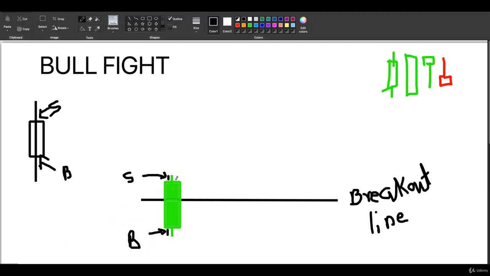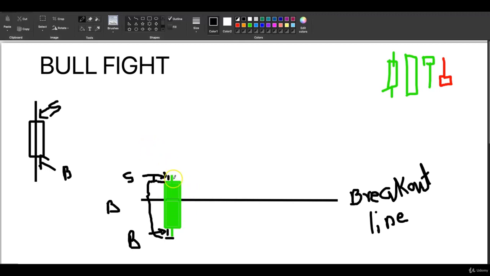But on this candlestick, with proper analysis, we can see that from here to here we only have the presence of buyers, and the remaining portion, which is the upper wick, only has sellers. Now you tell me which is strong: are buyers strong or sellers strong, is the bull strong or the bear strong? On this candlestick the bull is strong. So we have a clear analysis.